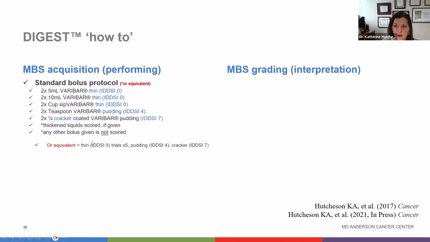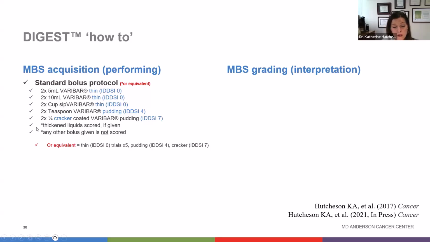So this is the bolus protocol that was used in our validation studies and is still used in our clinical practice. You will see that that bolus protocol includes multiple trials of IDSI level 0, so thin liquid barium. It includes an IDSI 4, a pudding level, and an IDSI 7, a solid level.